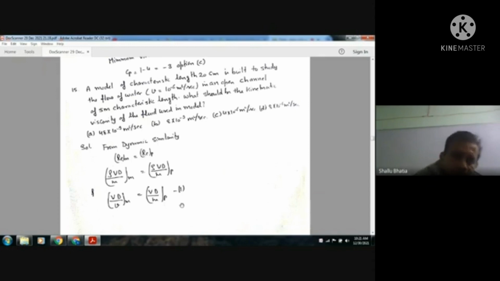Now for dynamic similarity, the Reynolds number of model and prototype should be the same.